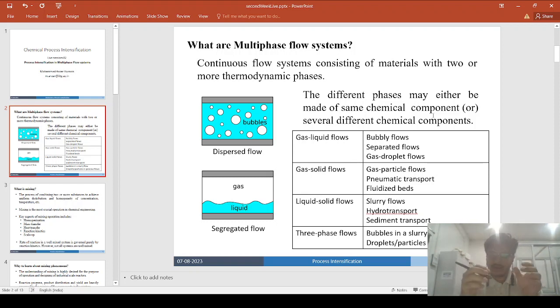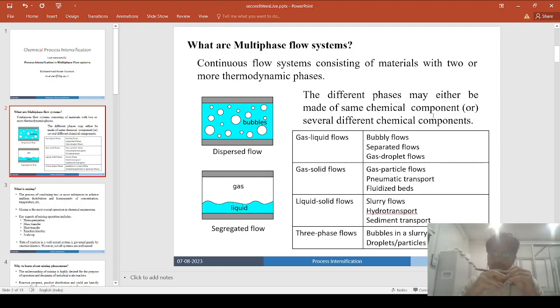That water just changes its phase. From liquid phase, after getting some thermal energy, some heat, it changes into water vapor, into gaseous phase. So the chemical component remains the same, H2O, but in two different phases: in gaseous phase as water vapor, and in liquid phase as simply liquid water.